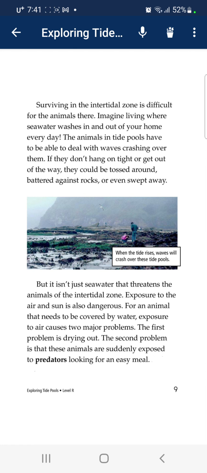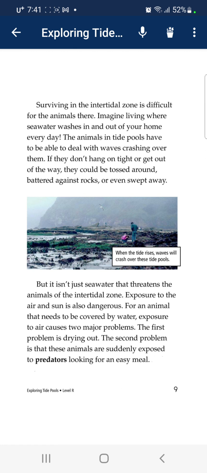The animals in tide pools have to be able to deal with waves crashing over them. If they don't hang on tight or get out of the way, they could be tossed around, battered against rocks, or even swept away.